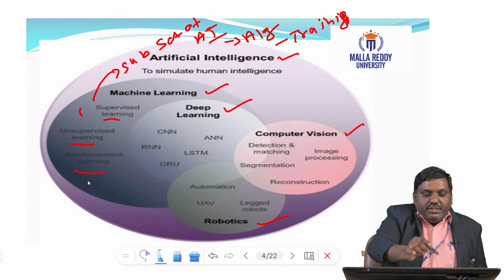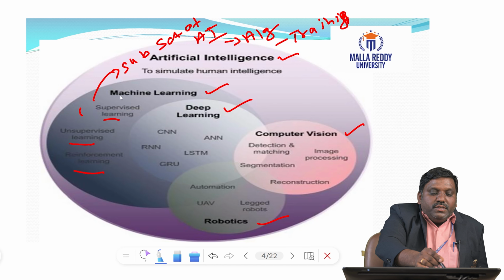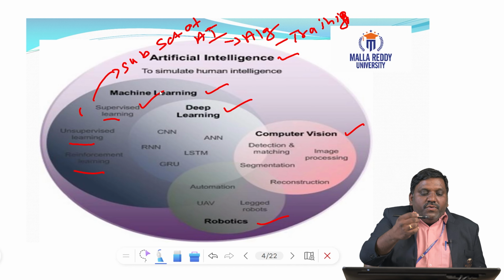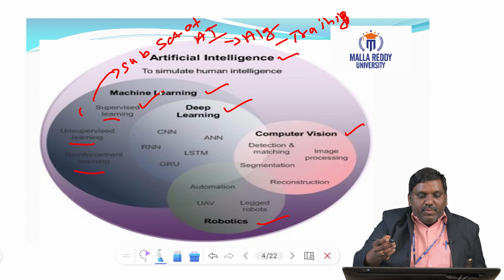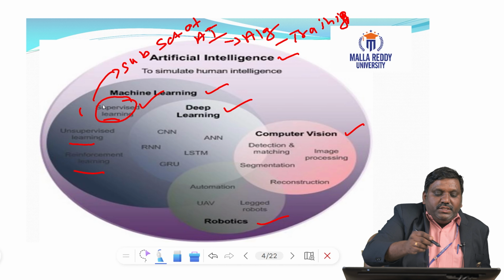Then, coming to supervised learning, we should know what supervised learning is. If you are giving some input, that means the input may be past history or anything, then you are giving a learning methodology based upon some supervision. Supervision means some existing data or some training models. Then we call it supervised learning.